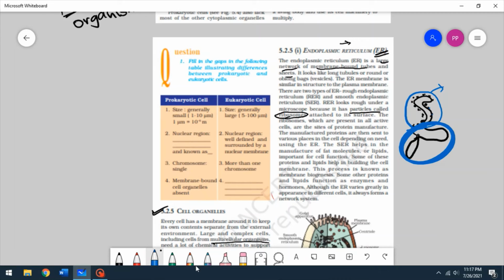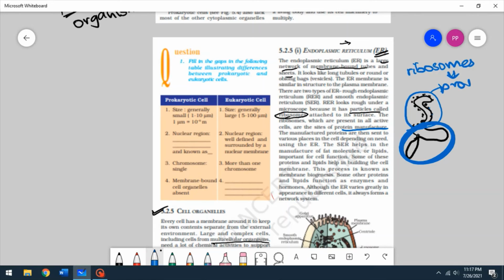Ribosomes are used for protein manufacture, and the manufactured proteins are then sent to various places depending on the need using the ER. So the rough ER has ribosomes which manufacture protein.